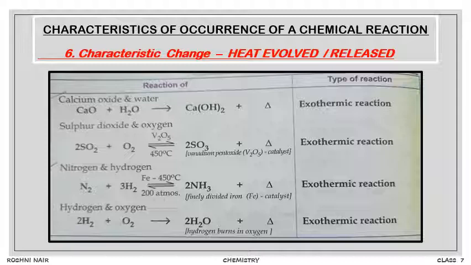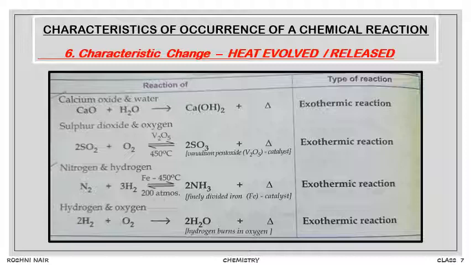What is the name given in the textbook? It is vanadium pentaoxide. Penta means 5. V is vanadium, pentaoxide, 5 atoms of oxygen, which is used as catalyst. And heat is again released. That is why it is written under the type of reaction, exothermic.